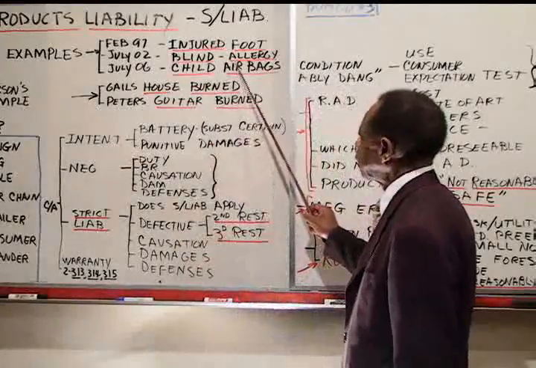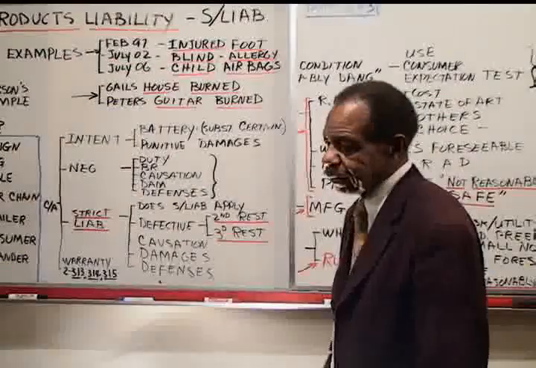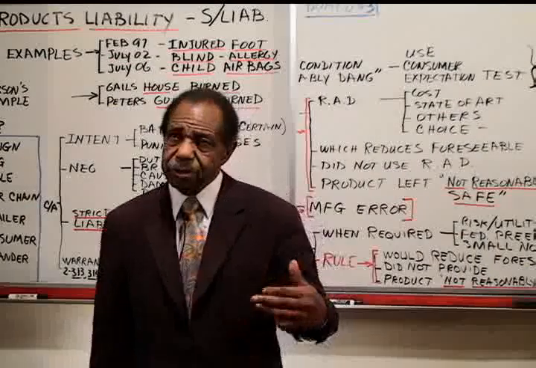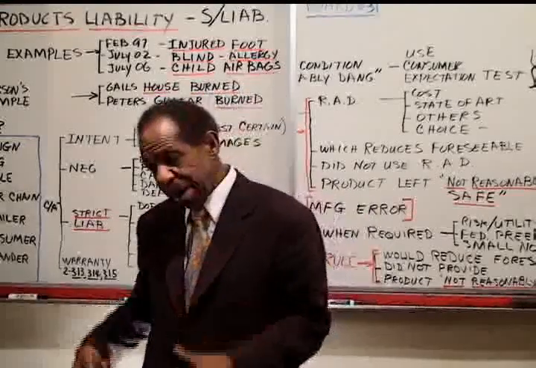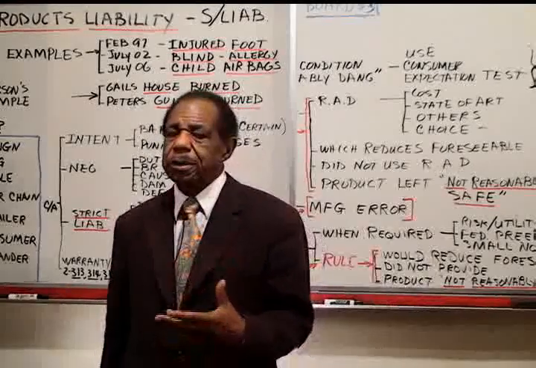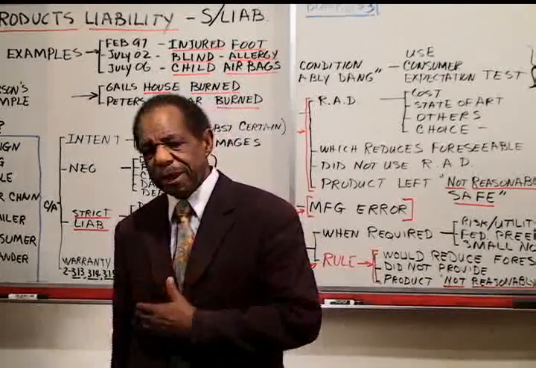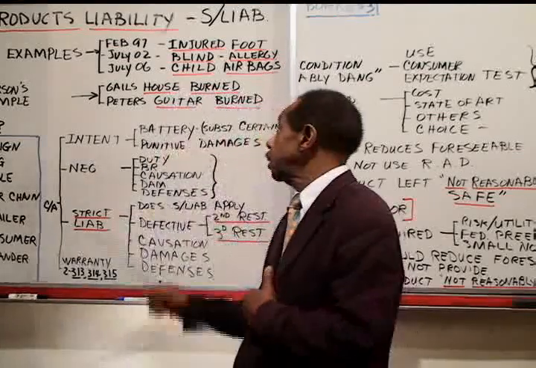How about the child and the airbags? Well, the child and the airbags, that's a little different situation because there again, the company knew that if you put a child in the passenger seat, rarely, occasionally, a child will be injured by the airbags going off. So they knew that too, just like the Ford Motor Car Company, and just like the allergy pills.